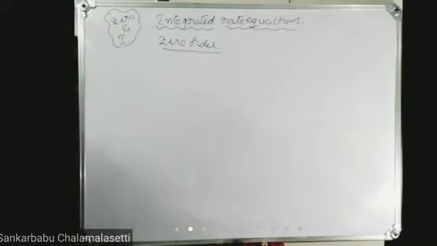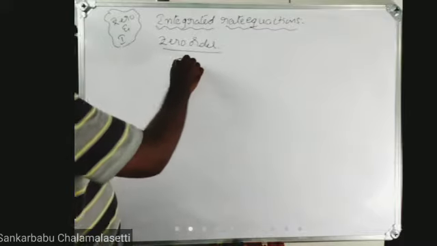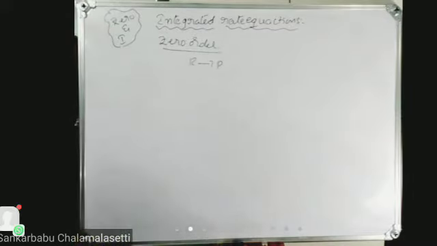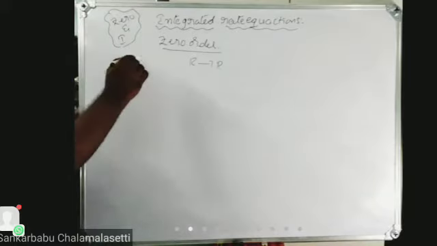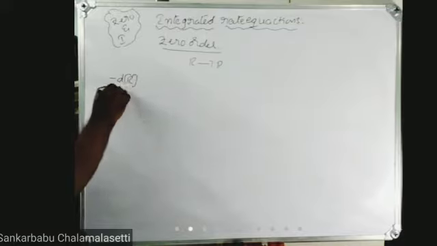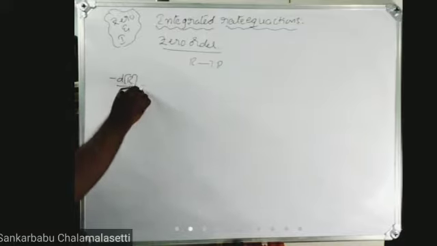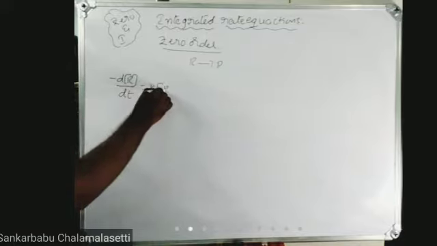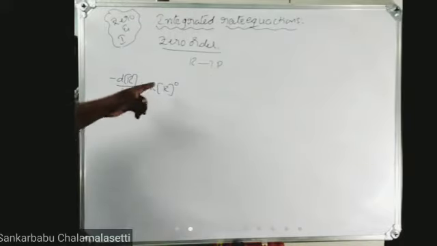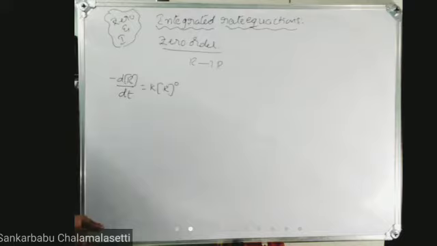In this zero order, let us consider a reaction where reactants are converted to products. How do we write the differential equation? Minus dR by dt is equal to k into concentration of reactants to the power 0. Anything to the power 0 is equal to 1.